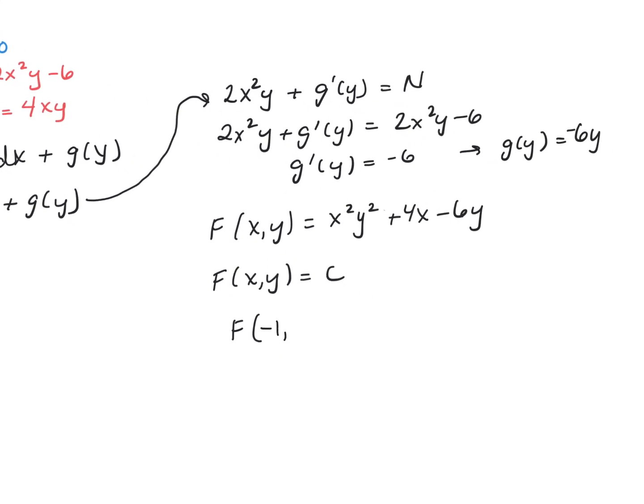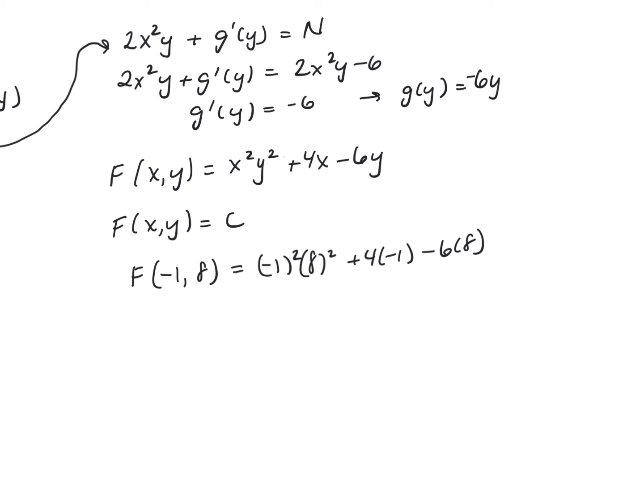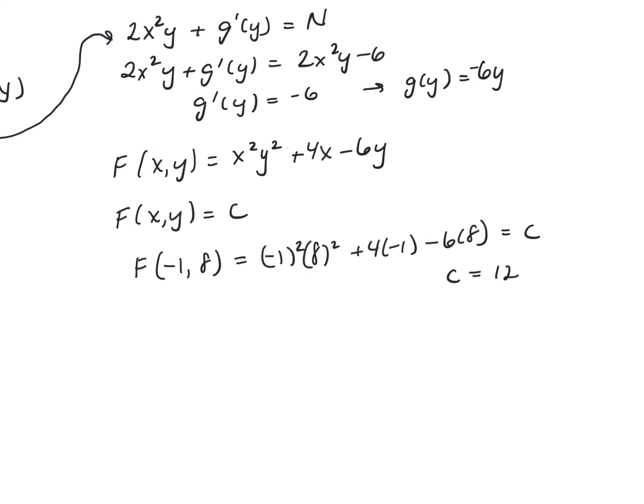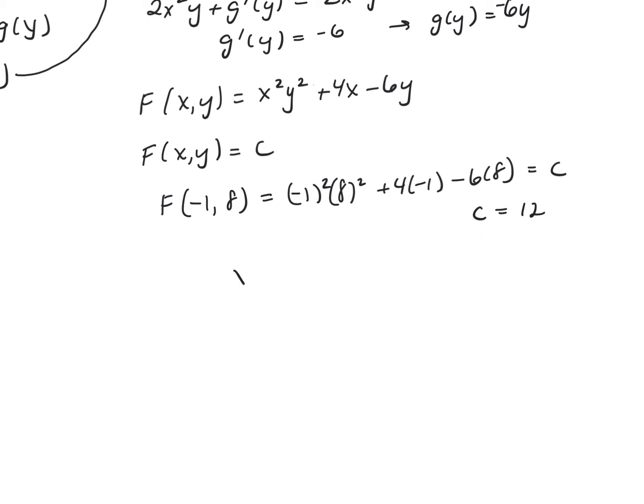So F of negative 1 comma 8 is equal to negative 1 squared, 8 squared, plus 4 multiplied by negative 1 minus 6 multiplied by 8. And this equals c, and I end up with c being 12. So what my equation now is x squared y squared minus 6y plus 4x minus 12 is equal to 0. So there is my function.